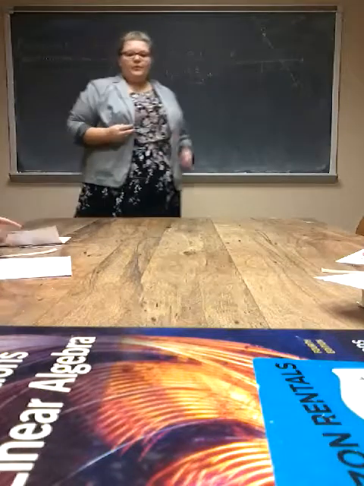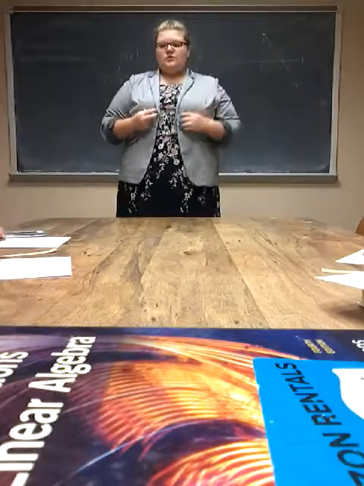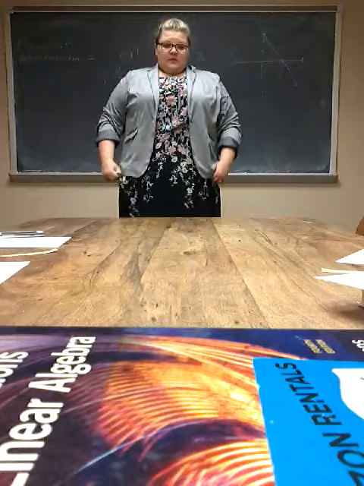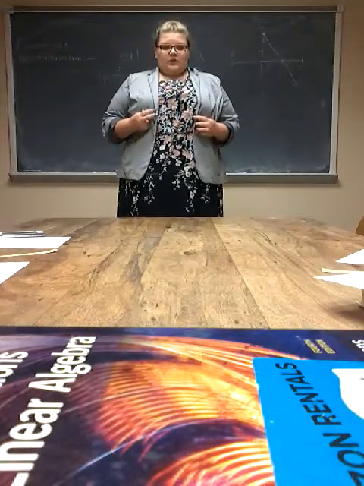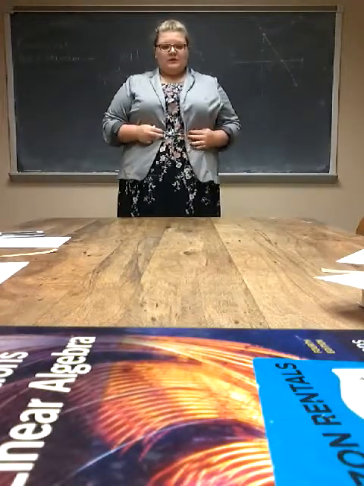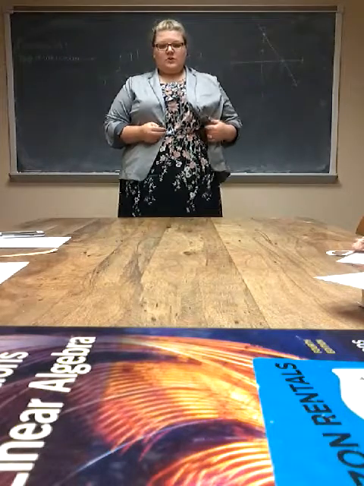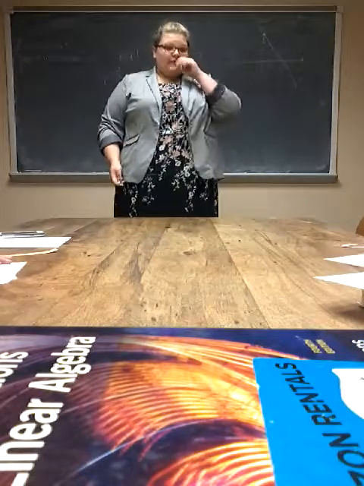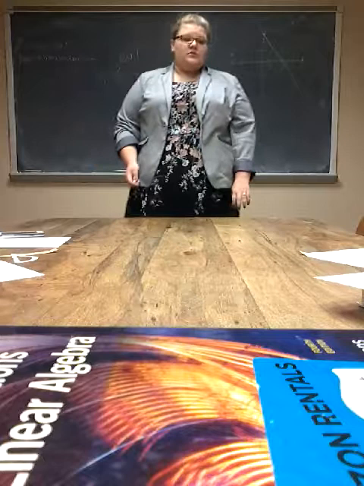Once you have both of your lines graphed, you're going to use your protractor and measure the angle degree for those lines that intersect. At what degree do they intersect? And you're going to record that on your paper for angle of intersection.